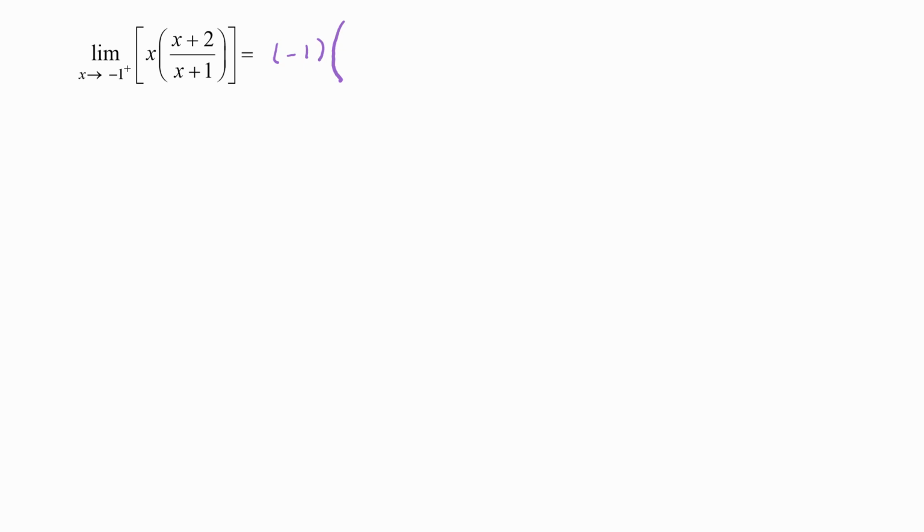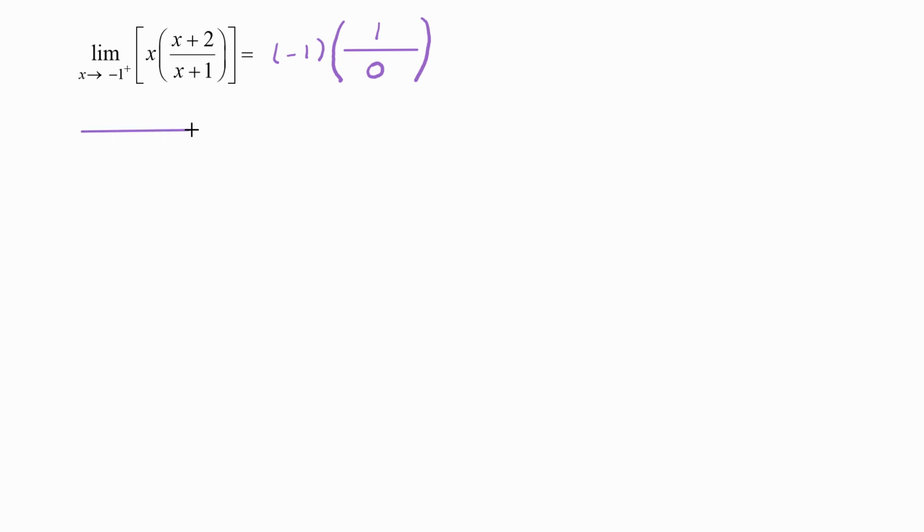Then here, get the fraction bar. If we put -1 into this numerator, add 2, and we get +1. Put -1 into the denominator, and we are going to get 0. So that means we need to determine whether it's 0 plus or 0 minus.